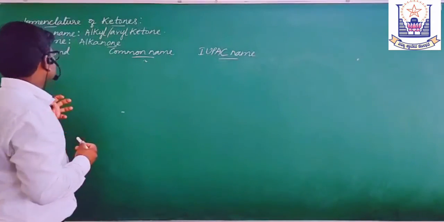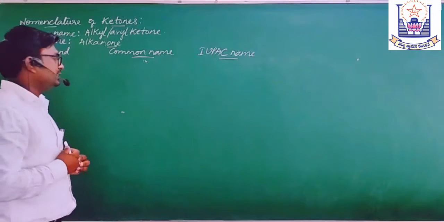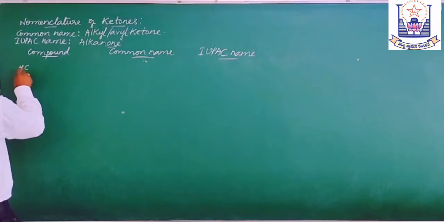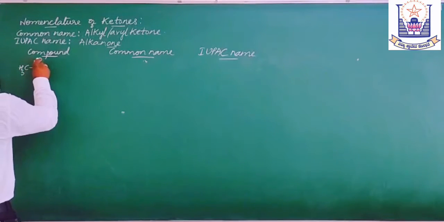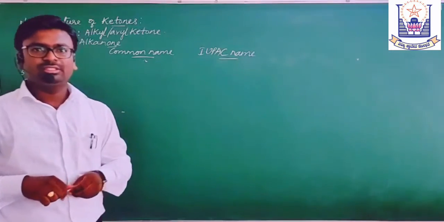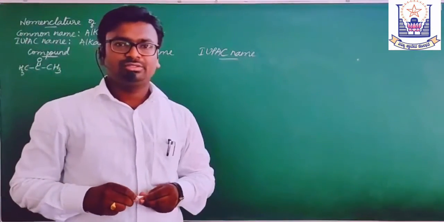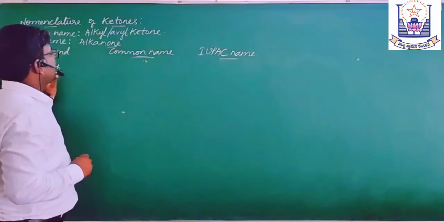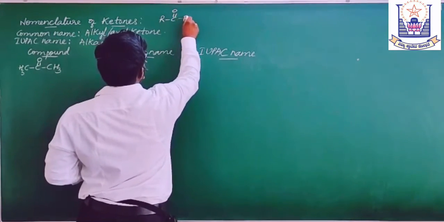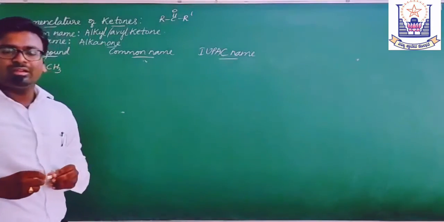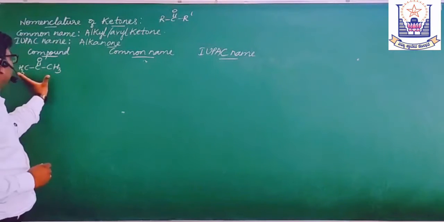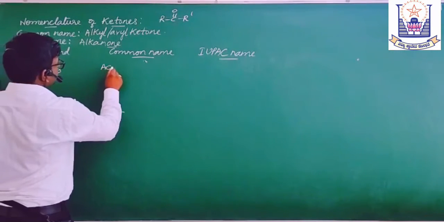The first member of these ketones is acetone, whose formula is CH3, C double bond O, CH3. This is the first member of ketones, with 3 carbon atoms, because the general formula of ketones is R C double bond O R dash. The common name for this is acetone.